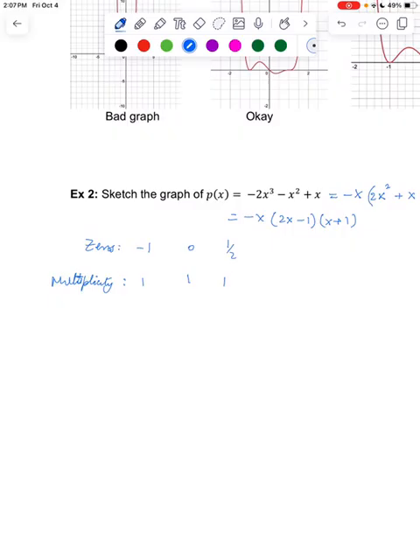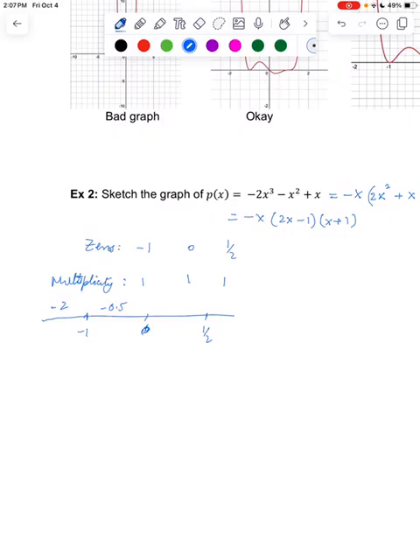So if I do the sign chart, I have -1, 0, and 1/2. So I can take the value -2 here. I can take the value between -1 and 0, -0.5. Now next one is between 0 and 0.5.